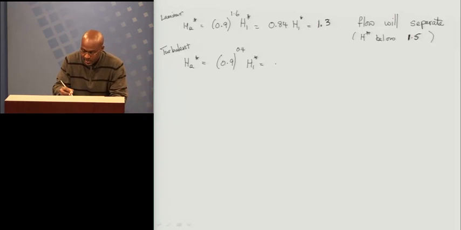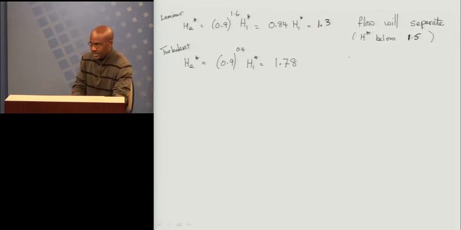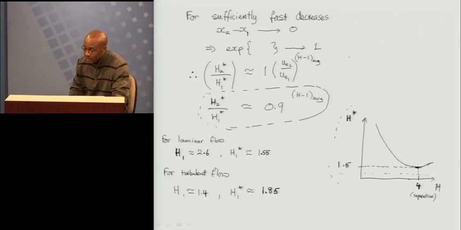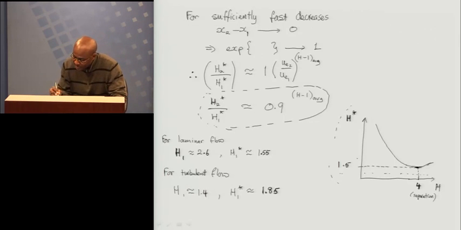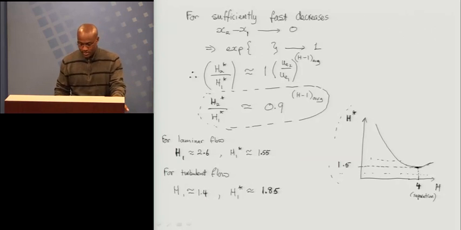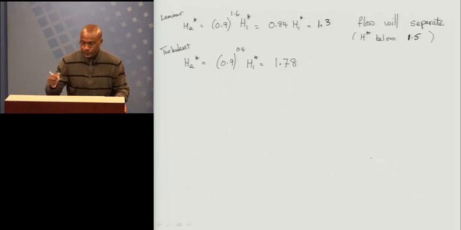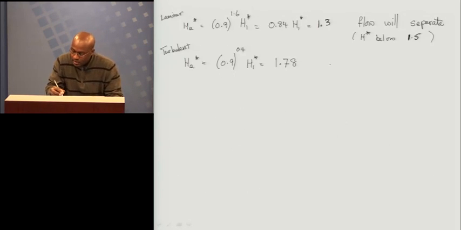So this turns out to be about 1.78. So let me just go back to my figure, 1.78. That's somewhere up here. So in this case, for the turbulent case, there's no separation. Flow will not separate.